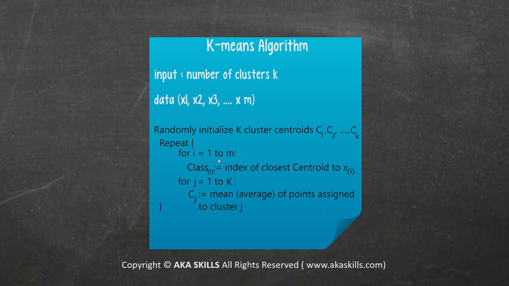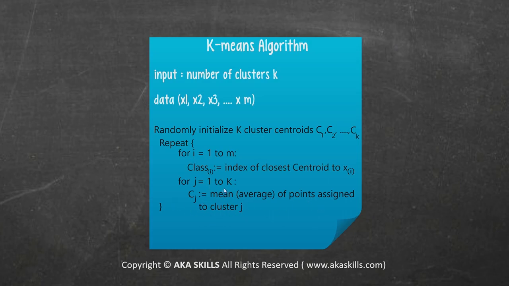Then after we finish, we loop over our centroids, from 1 to k. In our example, we had from 1 to 3. Each centroid becomes the average of the points assigned, that means the average of our x's assigned to cluster j.